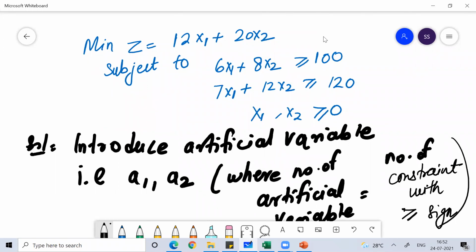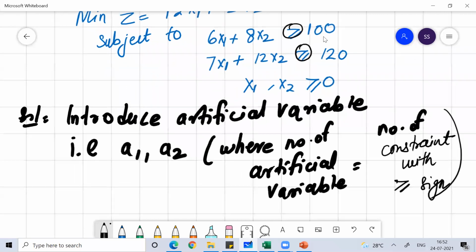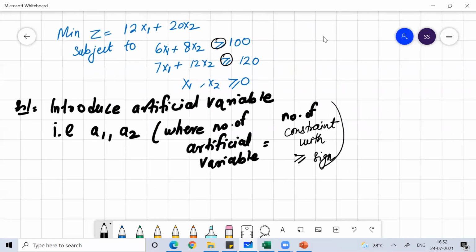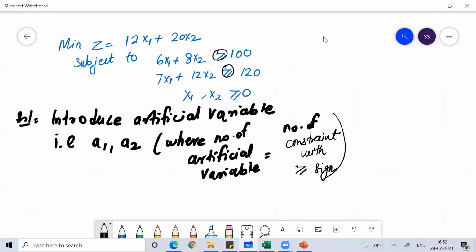Whenever you have constraints with a greater than or equal to sign, the best way to solve the problem is to introduce artificial variables, where the number of artificial variables equals the number of constraints with greater than or equal to sign.